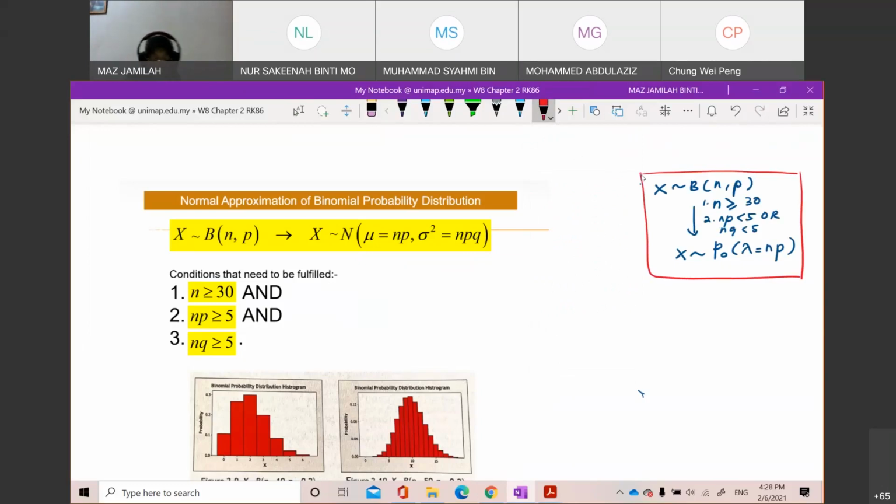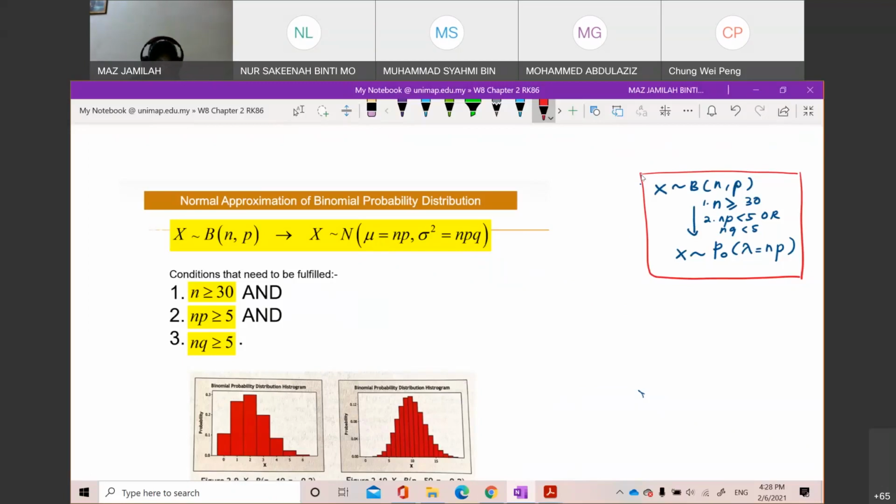Now, how can we approximate binomial to become normal? What are the conditions, and how does the new distribution look like? Originally they are binomial with number of trials n and probability of success p, and this becomes normal where the mean is obtained by multiplying the probability of success with the number of trials, and the variance is npq: number of trials multiplied by probability of success multiplied by probability of failure. And what are the conditions?